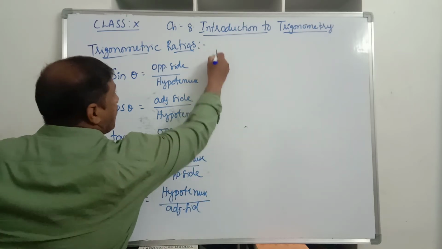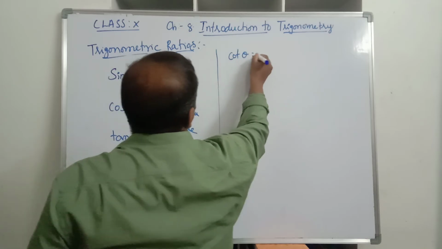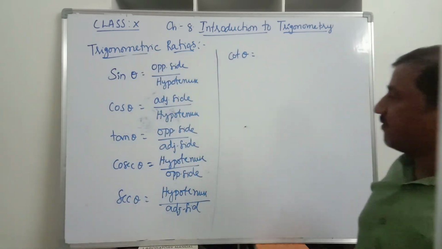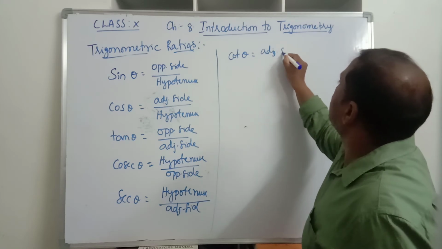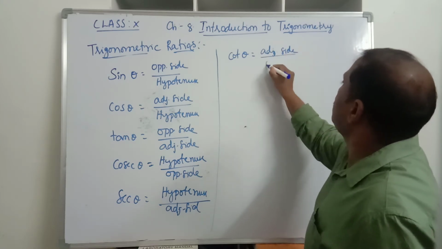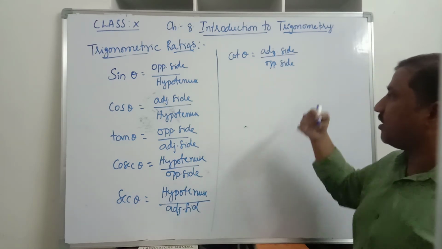The last ratio is cotangent, that is cot theta, the reciprocal of tan theta, that is adjacent side divided by opposite side.